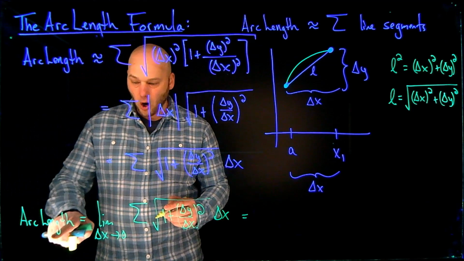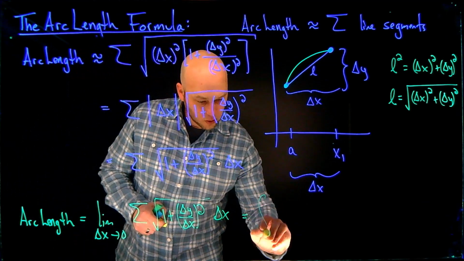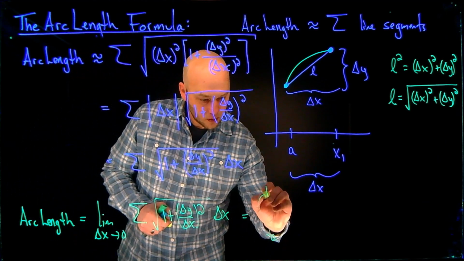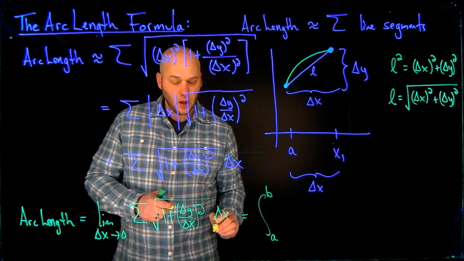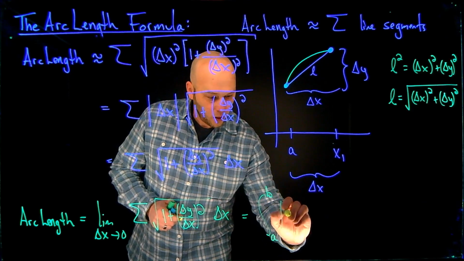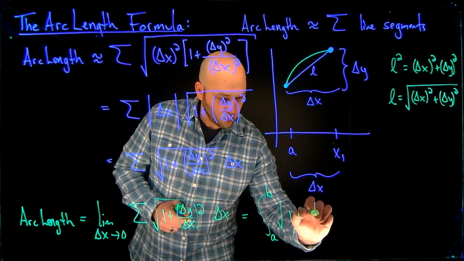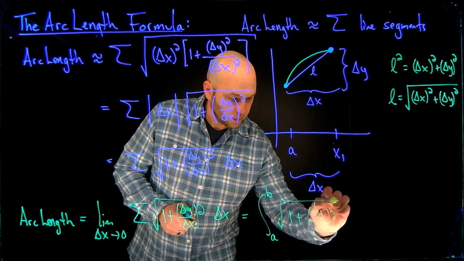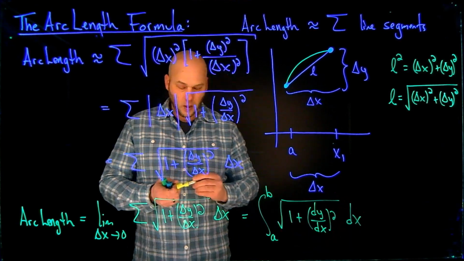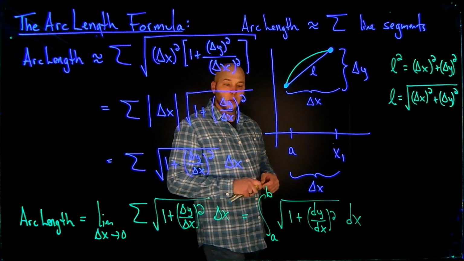Therefore, the arc length is equal to the integral from a to b, remember the original curve went from a to b, of the square root of 1 plus the derivative of the curve squared, dx. Okay. So this is where your arc length formula comes from.